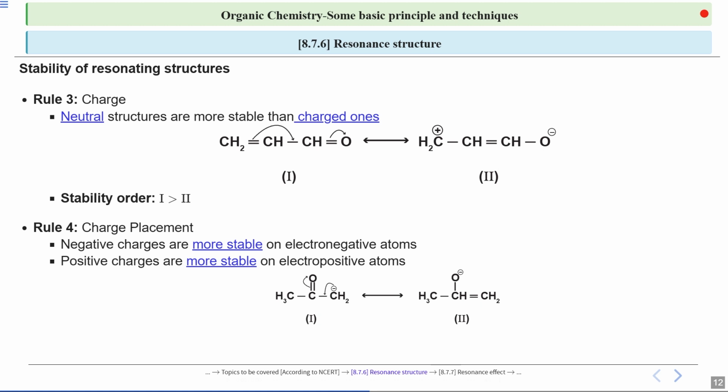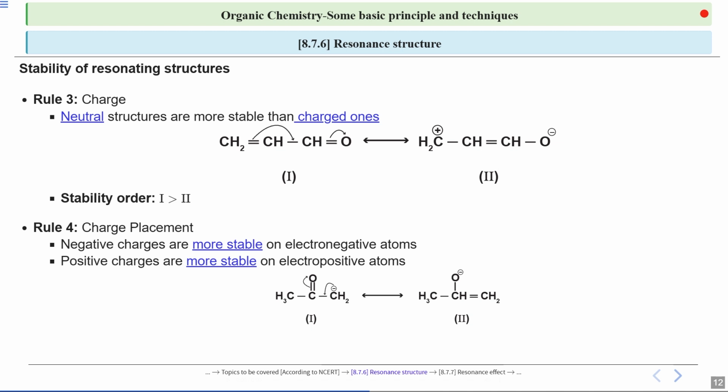Clear? It means the negative charge will be on the electronegative element and the positive charge on the electropositive element. If you consider structure number 1 and structure number 2, in structure number 1 the negative charge is on carbon, whereas in structure number 2 the negative charge is on oxygen. So we can say that structure number 2 is more stable.